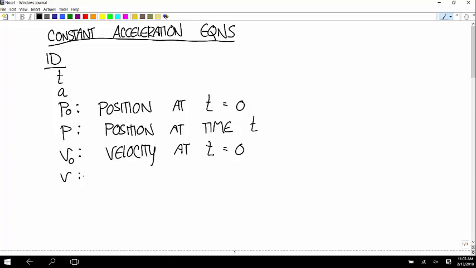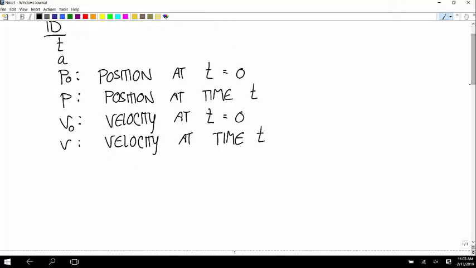And then we have v, and that's the velocity at time t. Okay, and then is that all of them? Yeah. So we have 6 variables, and we have 3 equations.